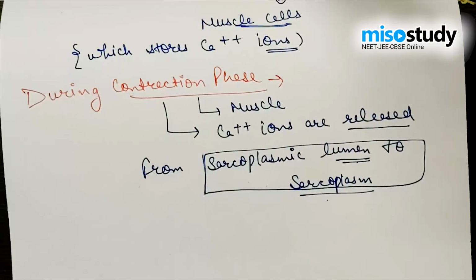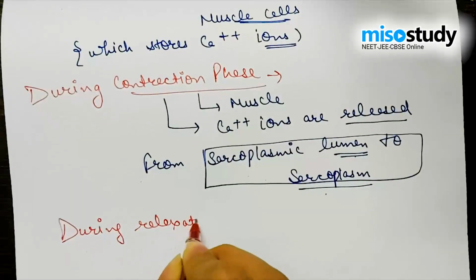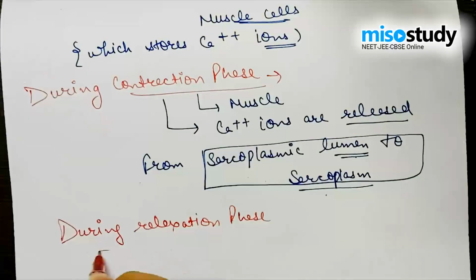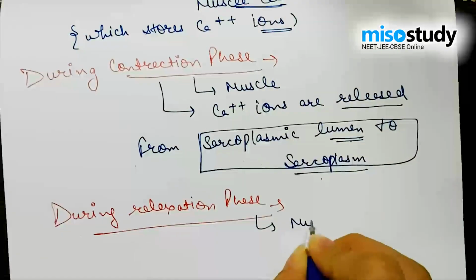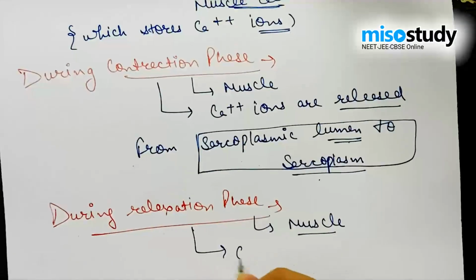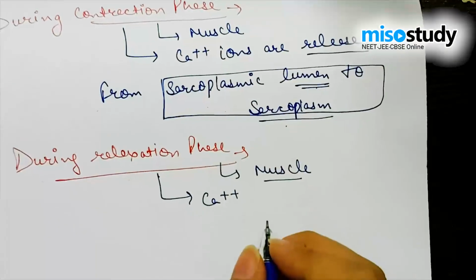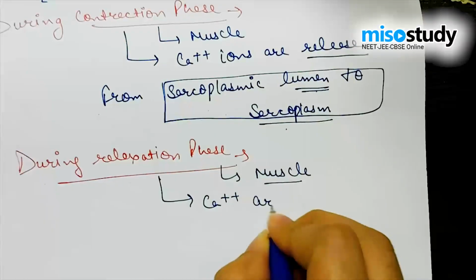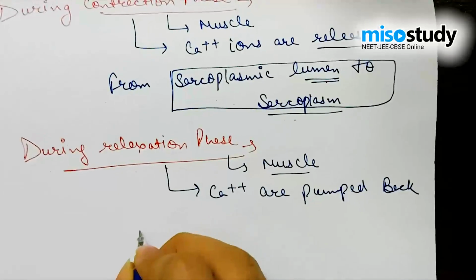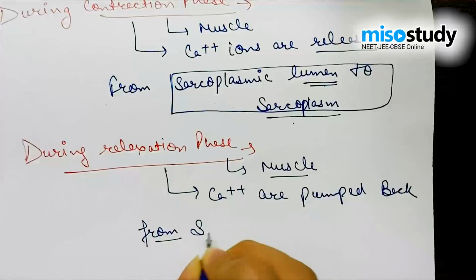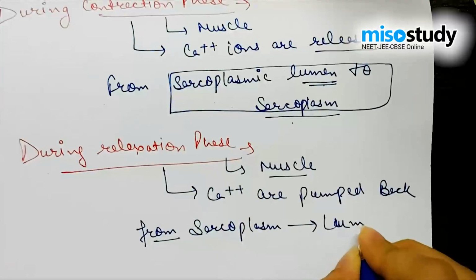In the next case, during the relaxation phase of muscle, calcium 2+ ions are pumped back from the sarcoplasm into the sarcoplasmic lumen.